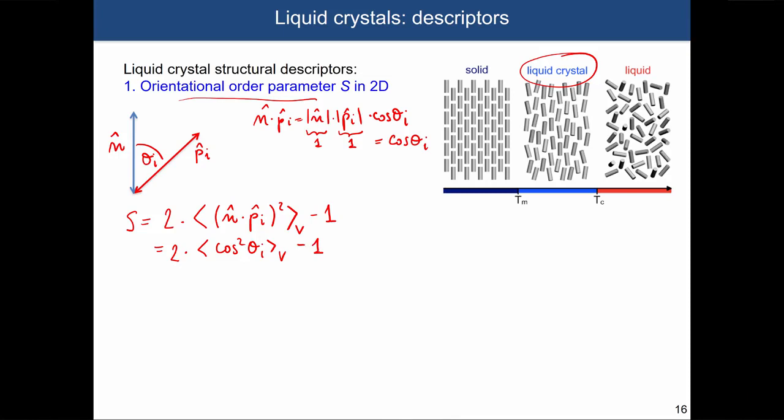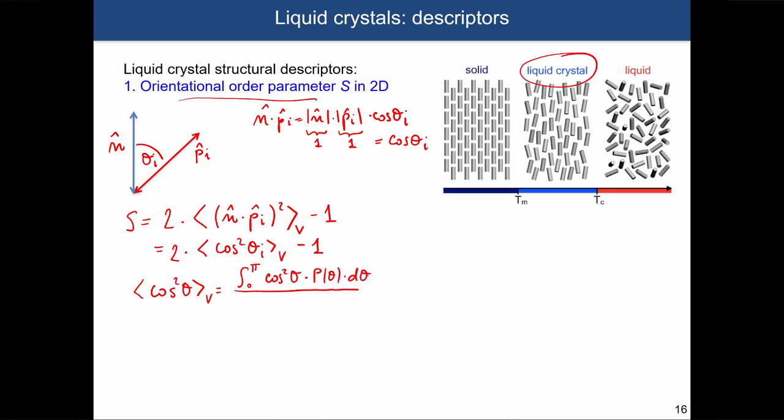For that, I need to know the distribution of the orientation of the molecules. So, for example, the average of cosine squared theta over the volume will be equal to the integral from 0 to pi of cosine squared theta times the probability that a certain molecule has an orientation in a certain direction, and I will describe this in more detail right now.